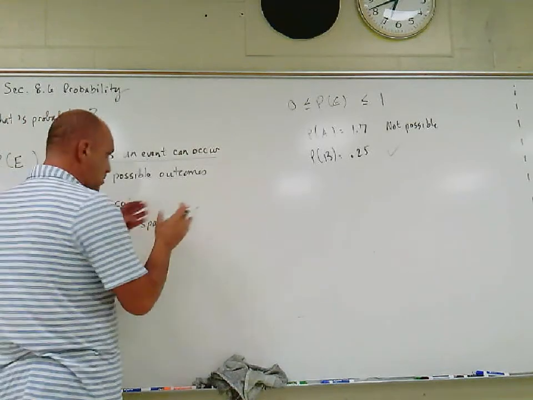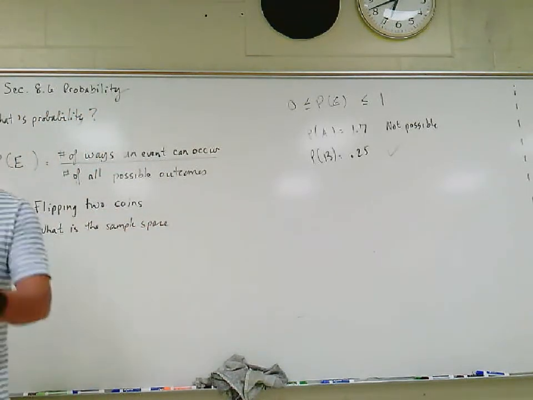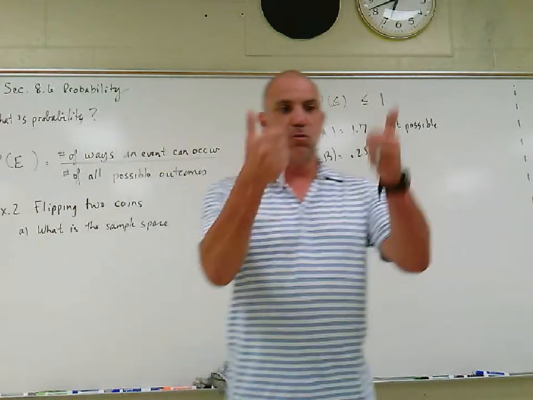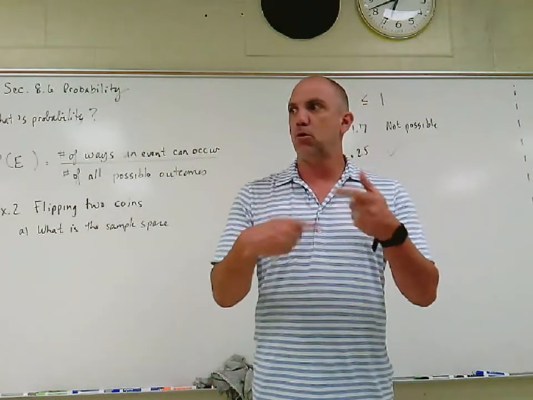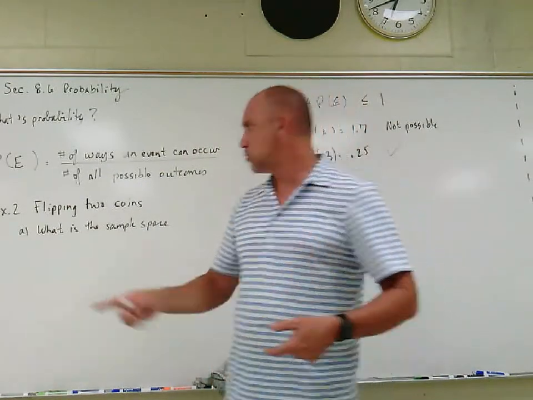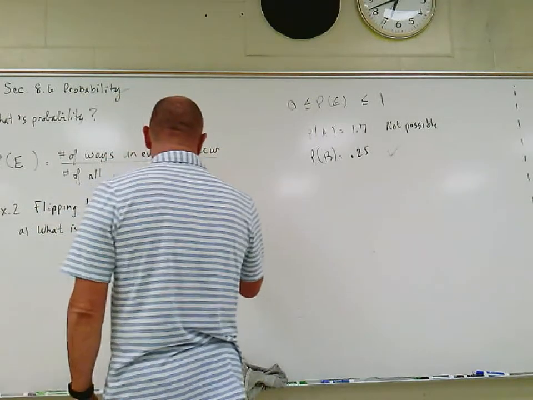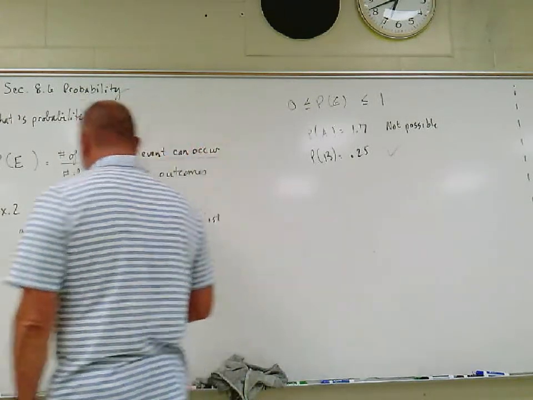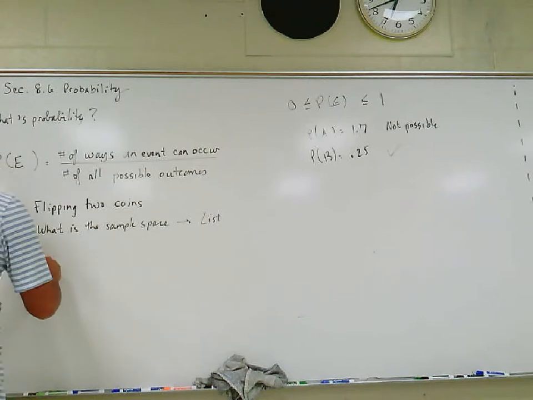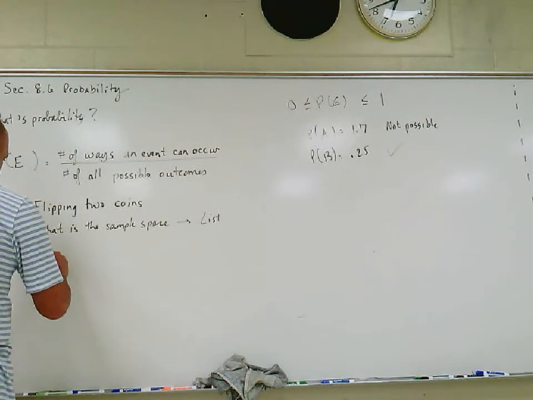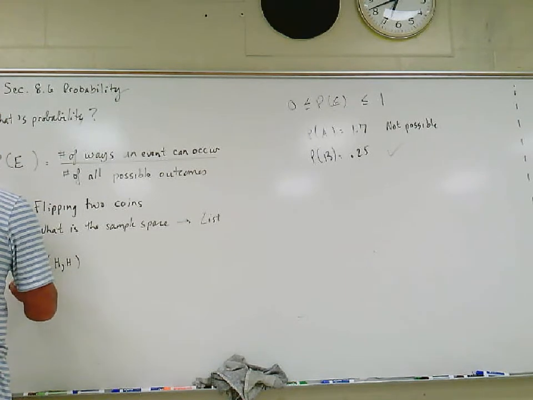So I want you to list out, you have 2 coins, and you can think of it like this: I'm taking 2 coins and flipping them at the same time. What are all the scenarios that can happen? I want you to list them, okay? And then I want to know, what's the probability that both coins land on heads?